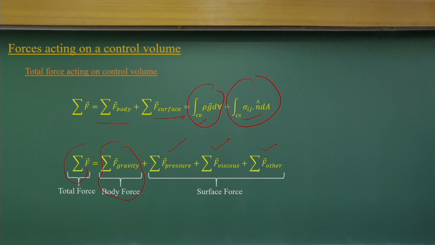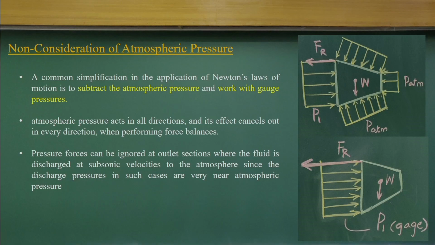If the viscous force is not dominant, we can make it 0, or other forces not dominant, we can make them 0. Since we have separated the force components due to pressures, viscous and others, for different types of problems we can simplify these equations and focus only on the force due to pressures, or due to viscous effects, or other components.